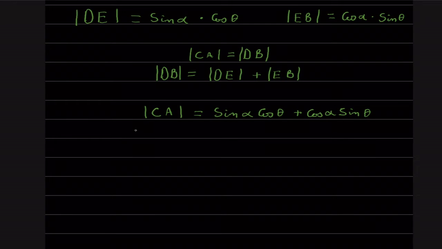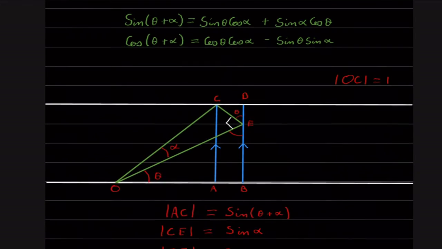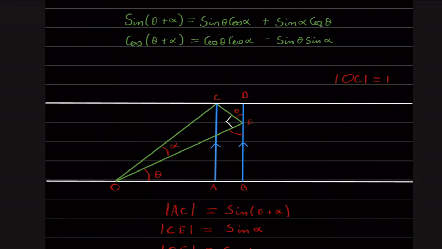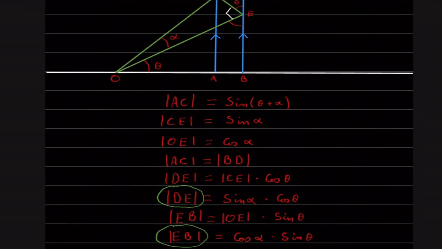So sine theta plus alpha is equal to sine theta cos alpha plus cos theta sine alpha, and we have our trig identity over here. So we've proven that this is true.